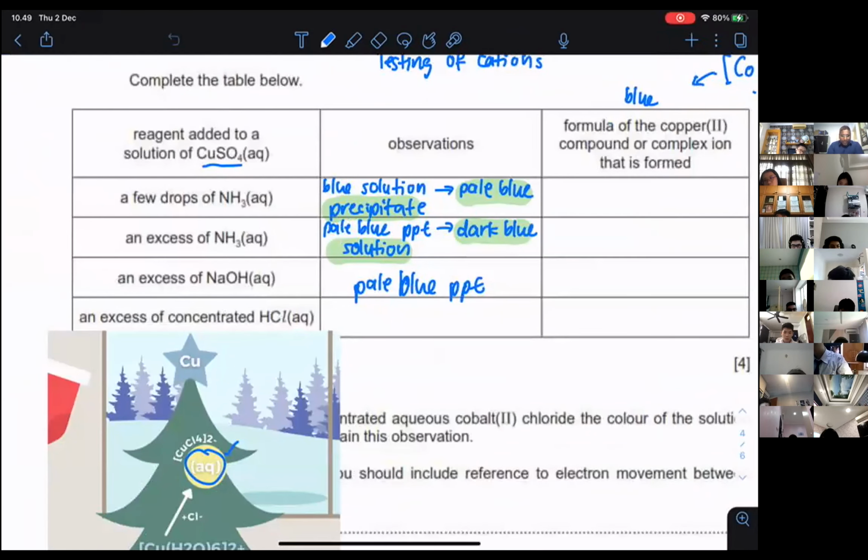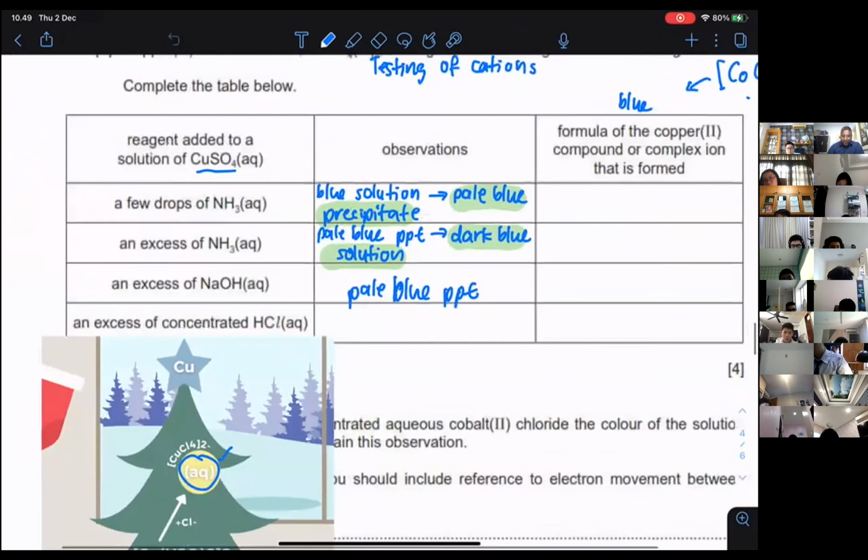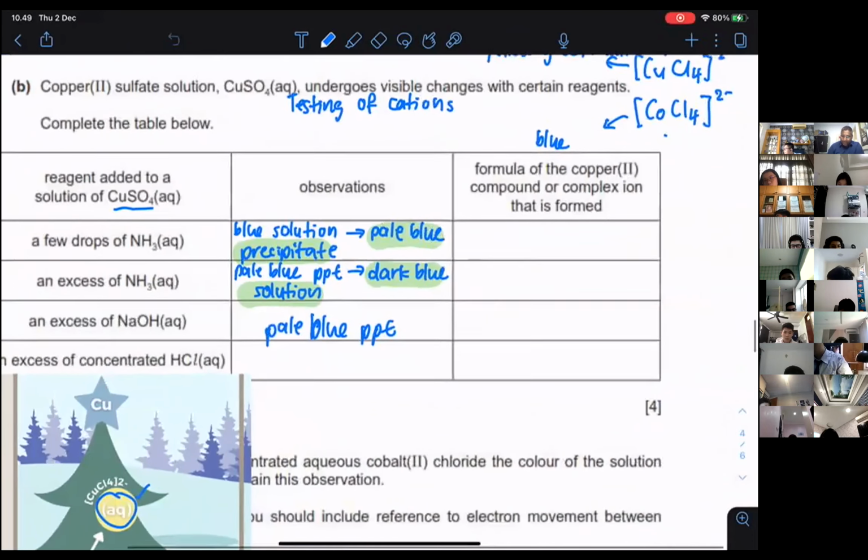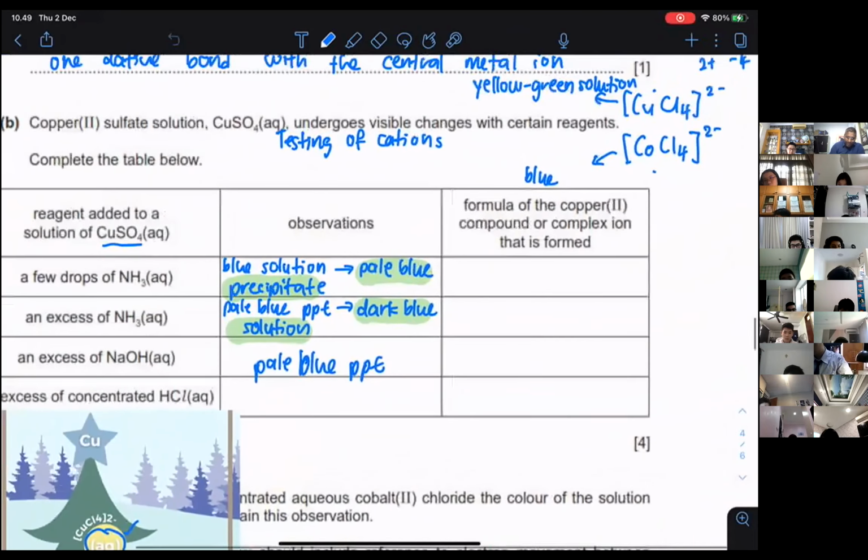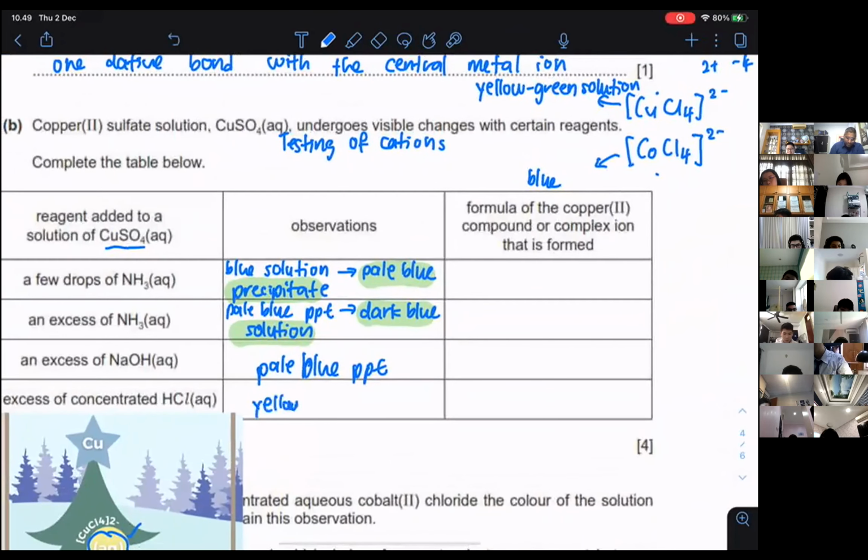Now, if you use the excess concentrated HCl, you will see a yellow-green solution. I'm just skipping straight to what will be formed, rather than from what to what. I leave it to you; if you have time, you can write everything.